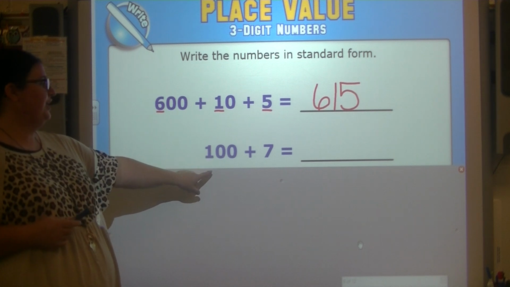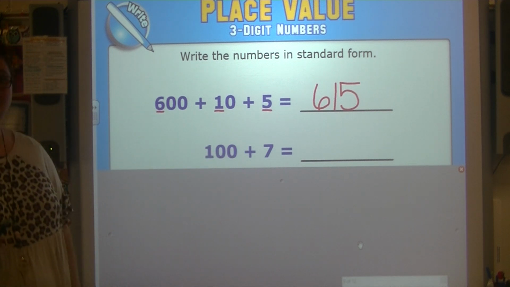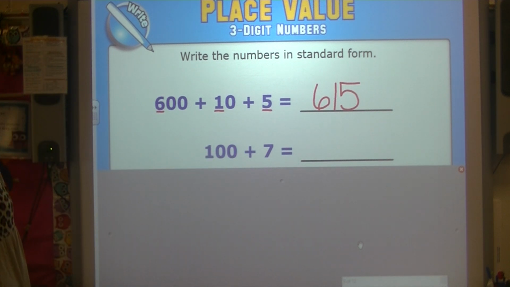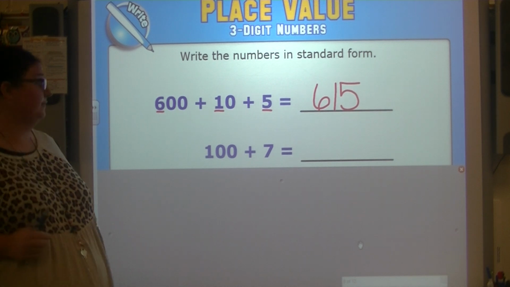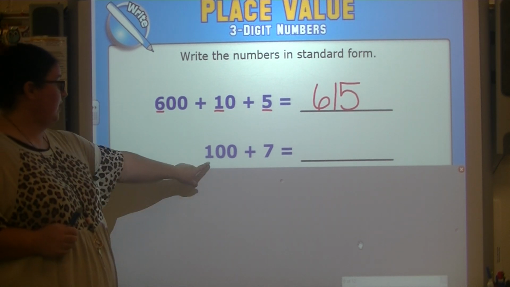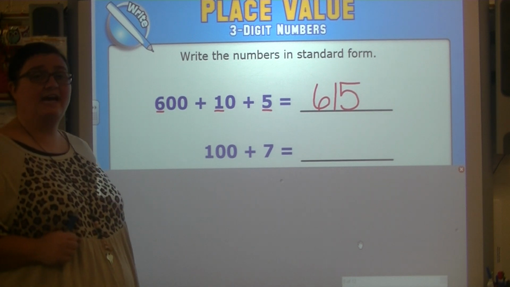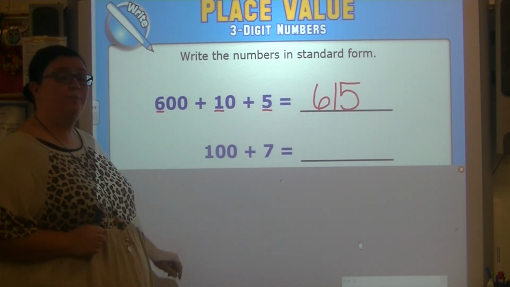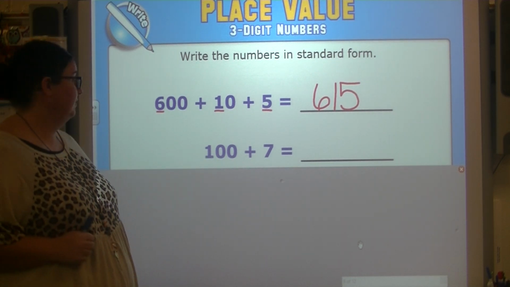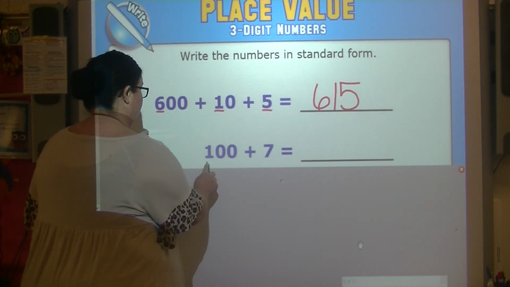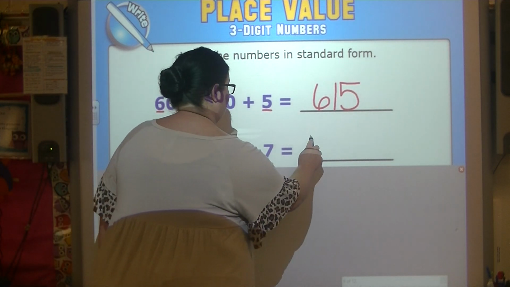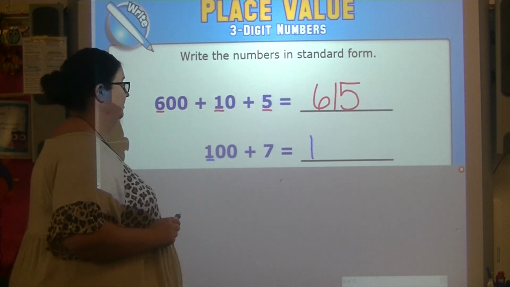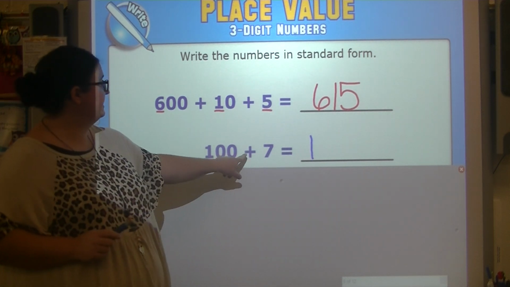We have 100 plus 7. This one's shorter. We must be missing something. All right, we have 100. That's one group of what? One group of 100. Plus, do you see a tens number?